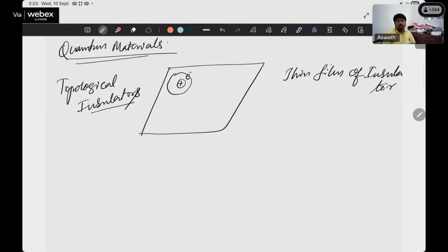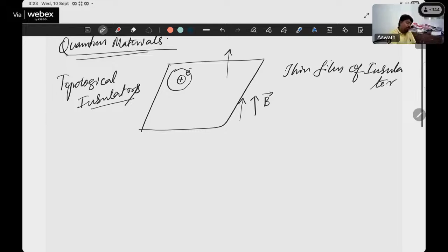Now, what happens if I send a magnetic field through this film? A very strong magnetic field. Because of that, this magnetic field induces a force, the Lorentz force, the magnetic force, Q multiplied by V cross B, for a moving charge.